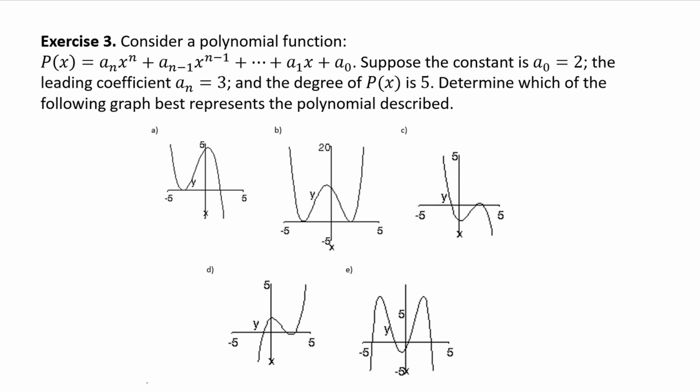So let's begin with the constant a sub naught equals 2. That means the graph has to intersect the y-axis at a positive value, so it can be A, B, or D. So we have eliminated C and E as a possibility.